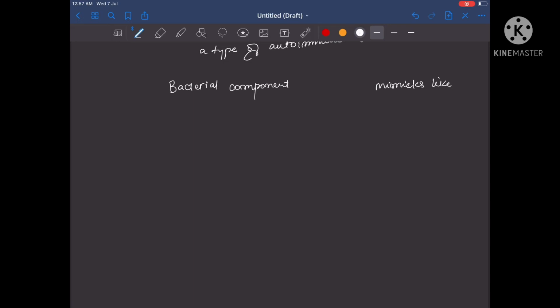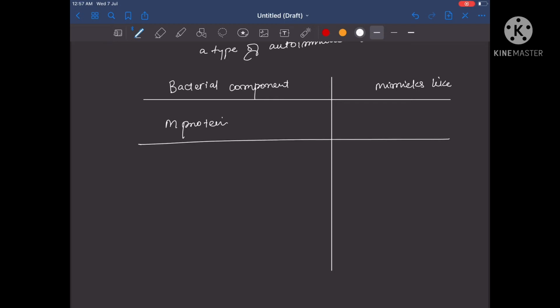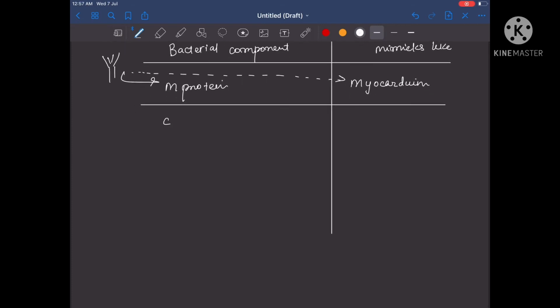The first component I'll write is M protein that we discussed in the virulence factors, M for M protein, and it mimics myocardium. So I'll show this as an antibody against the normal M protein, but it cross reacts and attacks the myocardium.